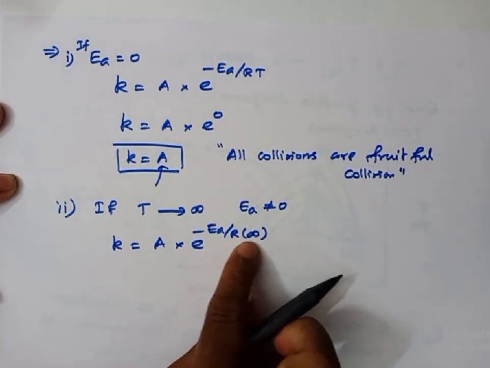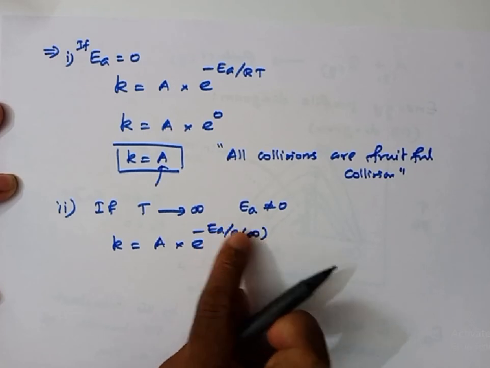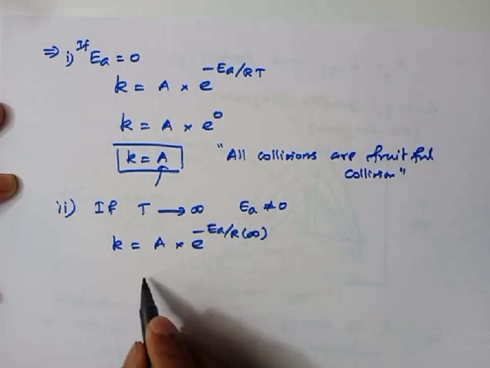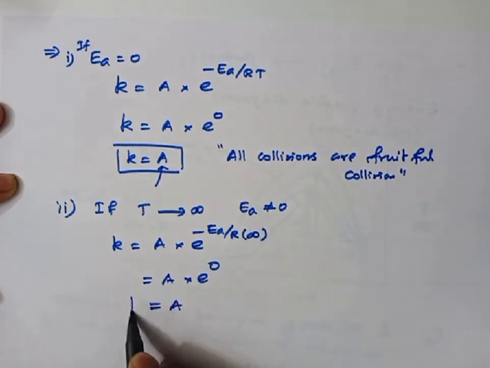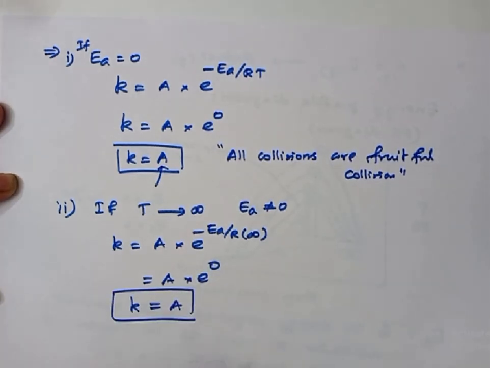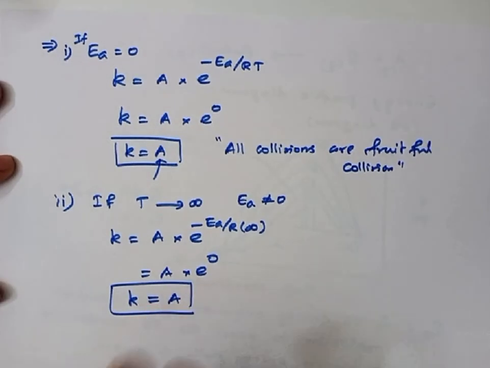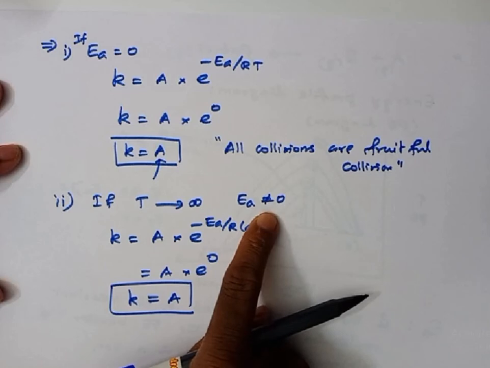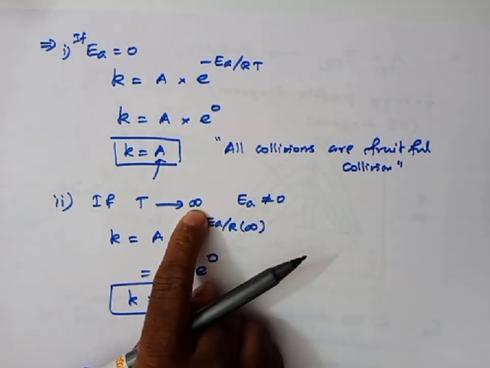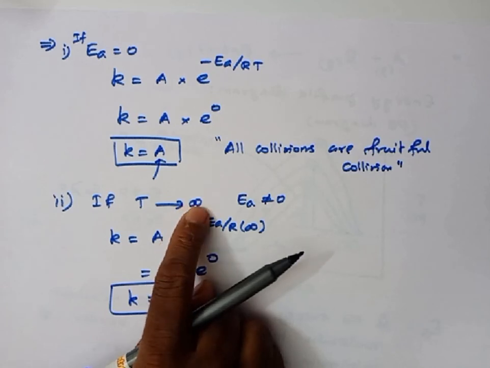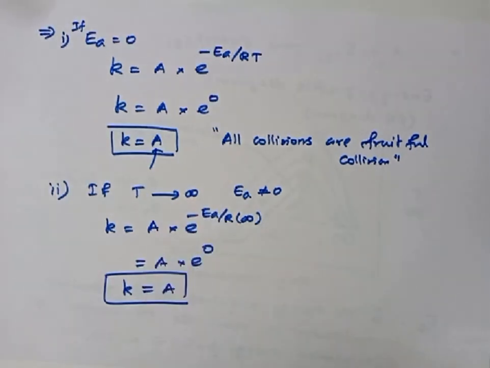R into infinity is infinity, something by infinity is 0, so again you get e power 0, and I get A again. What does this indicate again? All collisions are fruitful collisions. Activation energy is not 0, but all collisions are fruitful because we have reached infinitely high temperature.